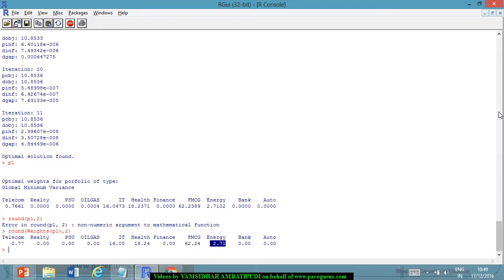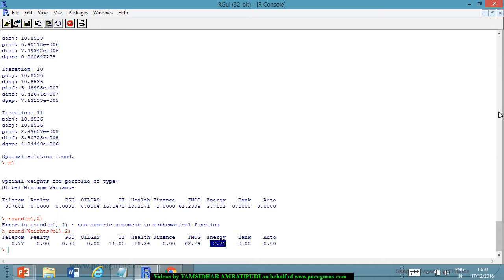So majority is going into FMCG, then into health and IT, and very minute into energy and telecom, whereas in 6 sectors I'm not investing at all. So that is the kind of solution that the system has provided to me with the objective function that I wanted, a global minimum variance portfolio.